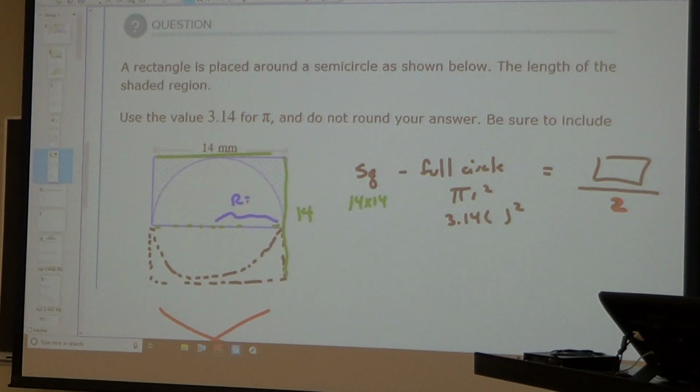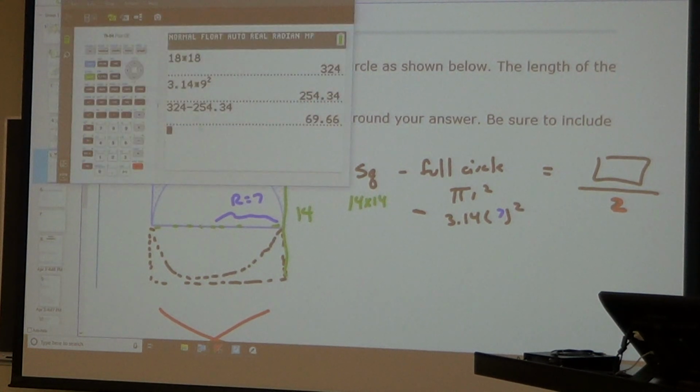My radius is going to be 7. And when I subtract those two, I'm going to get 14 times 14, 3.14 times 7 to the second, 196 minus 153.86. And then what am I going to do to that answer? Divide it by 2.